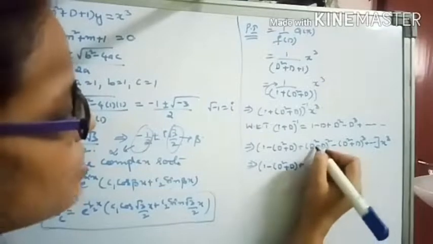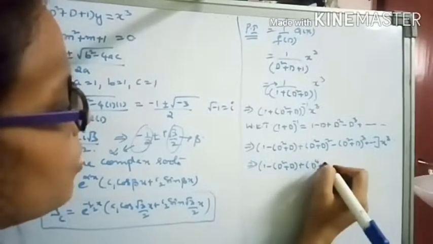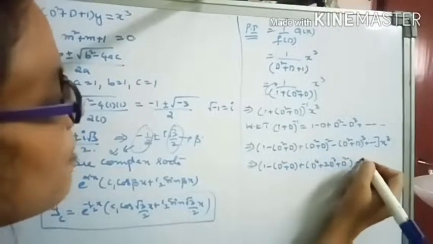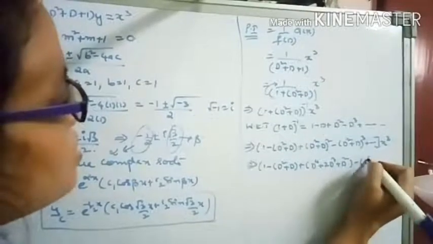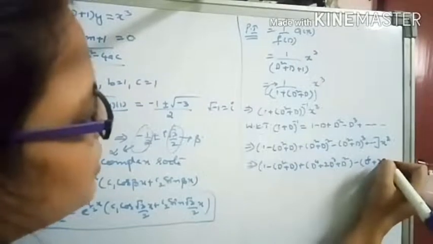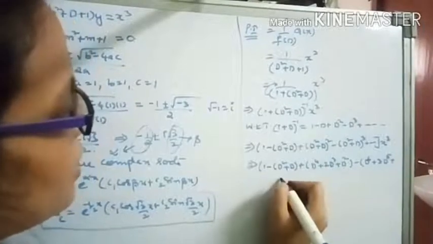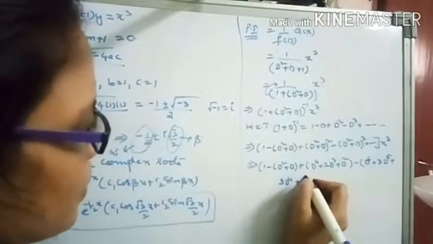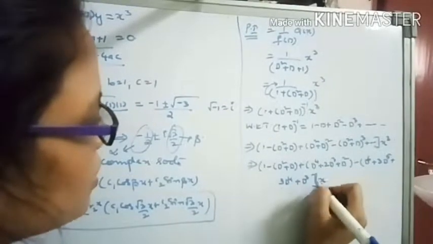Now we will open it by using the a plus b whole square formula: D power 4 plus 2D cube plus D square. By using the a plus b whole cube formula: D power 6 plus 3D power 5 plus 3D power 4 plus D cube, then x cube.